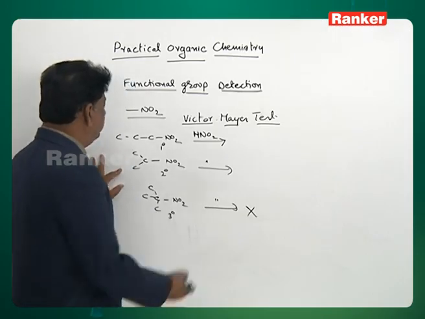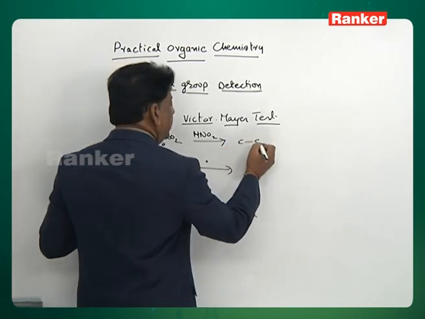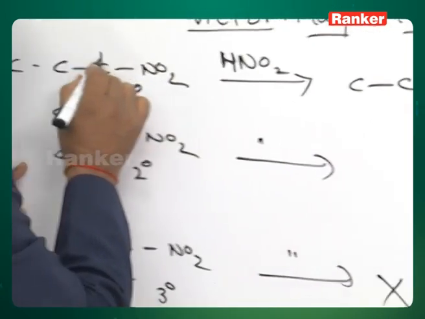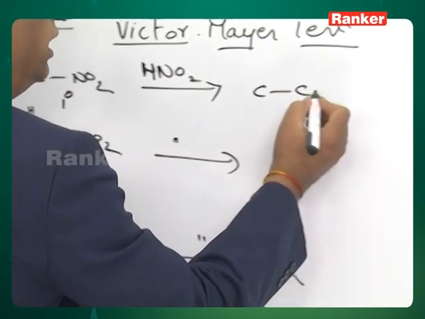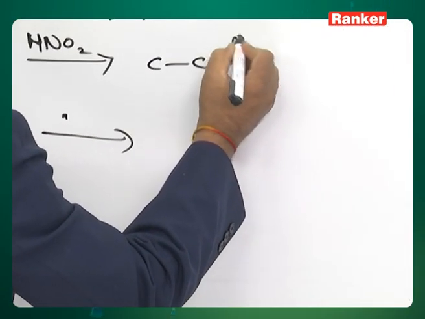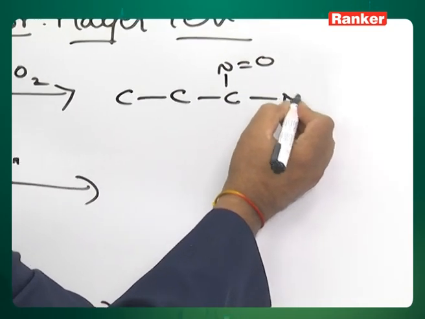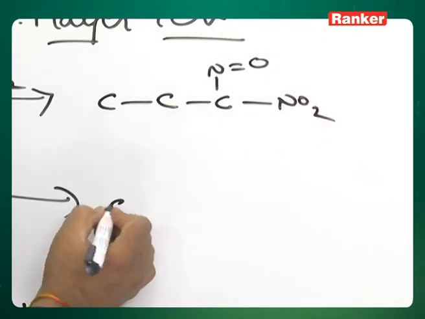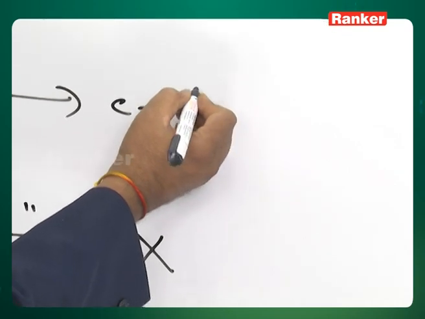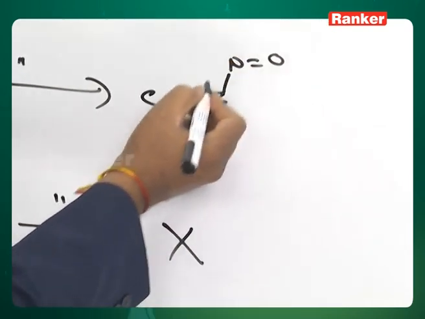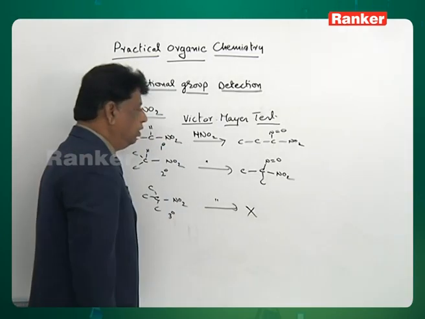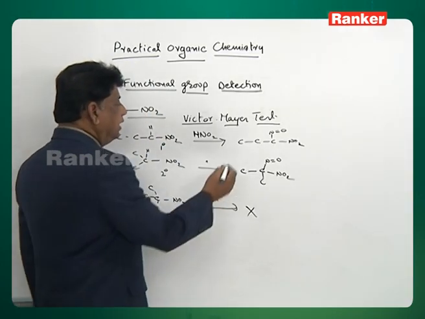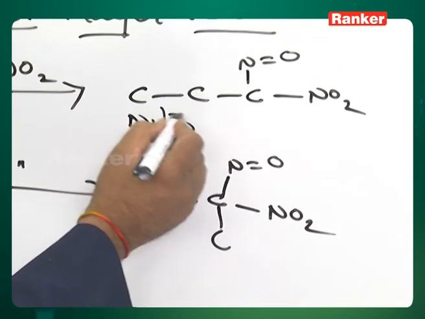1 degree and 2 degree both react. At the alpha position you have a hydrogen, therefore that hydrogen gets substituted with N=O. So the compounds are going to react and give these NO containing compounds. These compounds are called nitrolic acids.